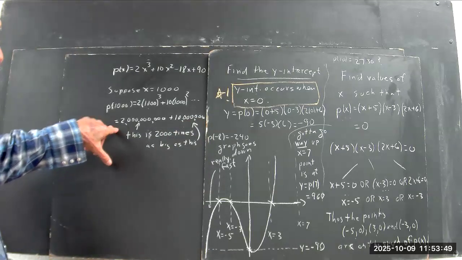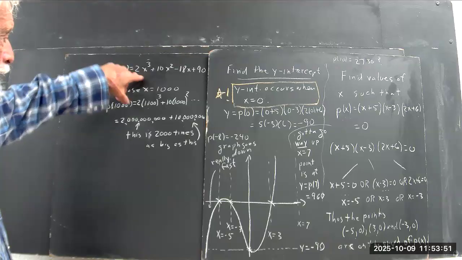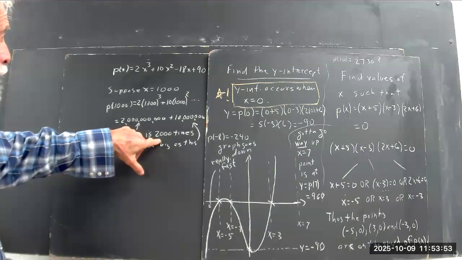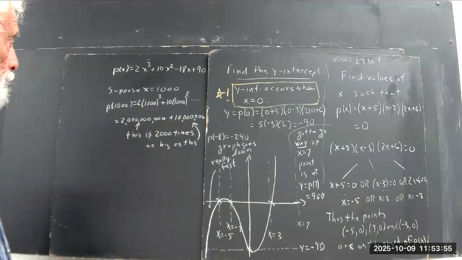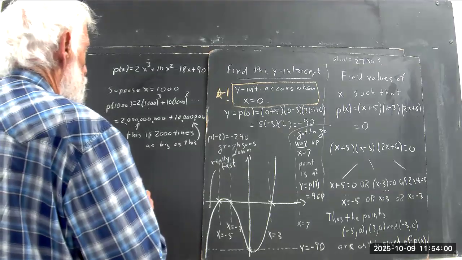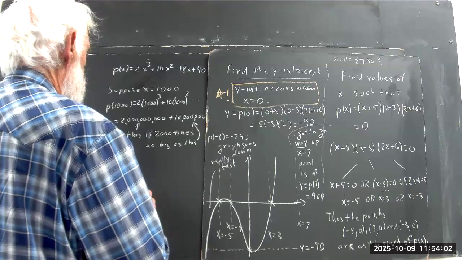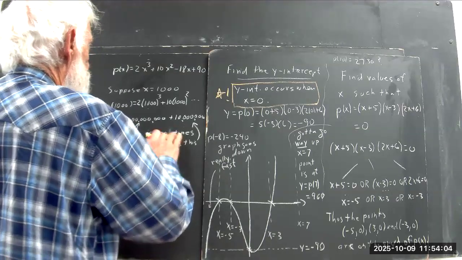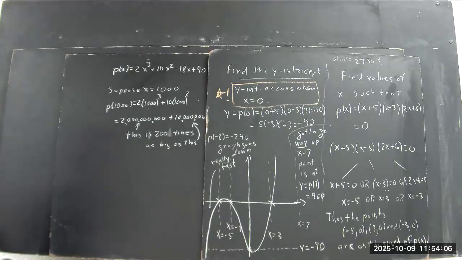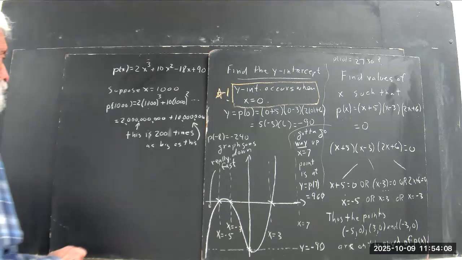And I'm saying that this number that you get for 2x cubed is 2,000 times bigger than the number you get for 10x squared. And I lied, it's only 200 times. Still, it's a whole lot bigger. Okay?